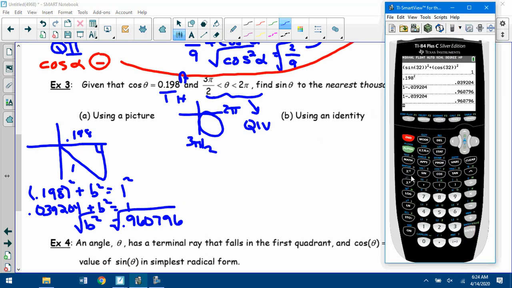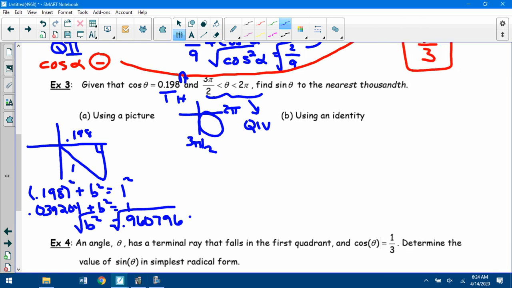So square root of that answer. Okay, to the nearest thousandth, so 0.981. But remember, it's plus or minus. And you just have to figure out that since I'm going down, it's going to be negative. Negative 0.981.